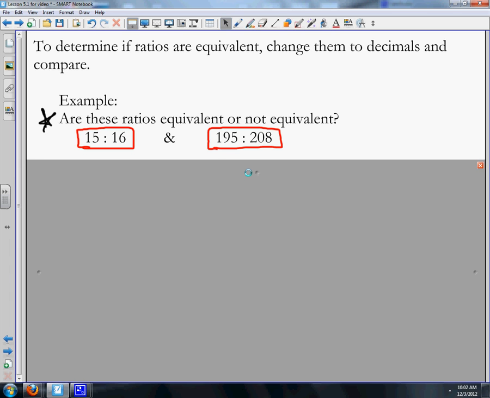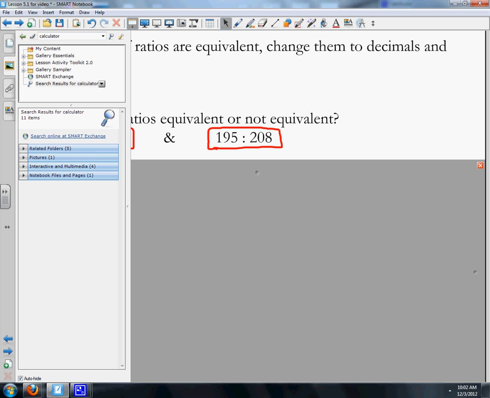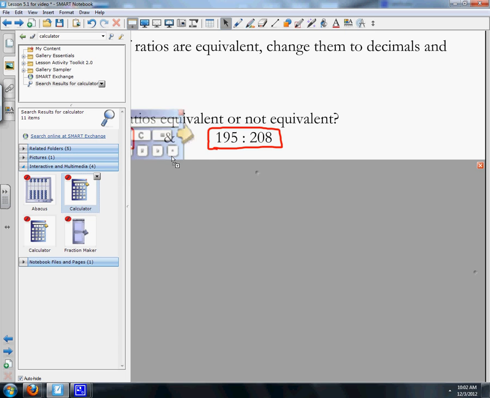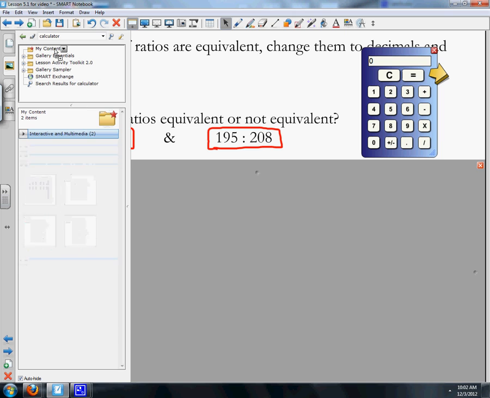So what you're going to do is decide if those are equivalent. So you take out your calculator. So here's a calculator. You may use a calculator on this.